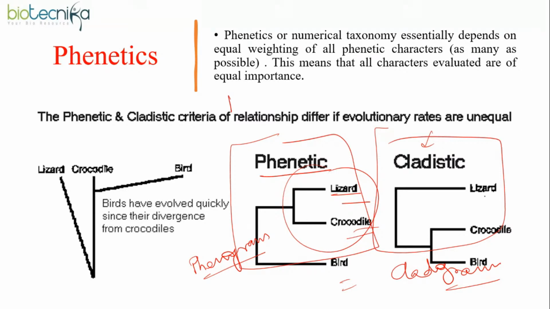So here can we see that the pattern has changed for cladogram, students. So lizard has been grouped separately, and the crocodile and bird is together. That means it's giving us some idea that it might be, students, that crocodile and bird have evolved from a common ancestor, but not the lizard. Right. So that is what is about cladogram.